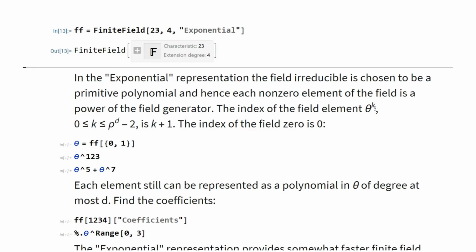So the index of the kth power of the field generator is chosen to be k plus 1, so that the index of field 0 is always 0. 0 is, of course, not a power of the field generator. All the non-zero elements are powers of the field generator, and the index of 1 is also always 1. So in both exponential and polynomial representation, field 0 and field 1 are represented by indices 0 and 1.